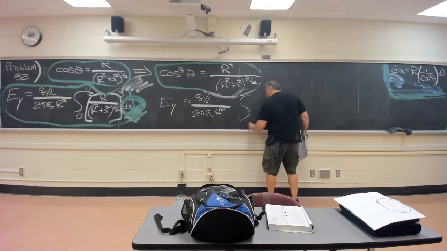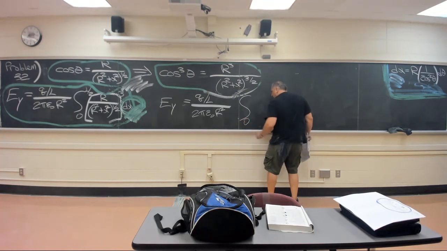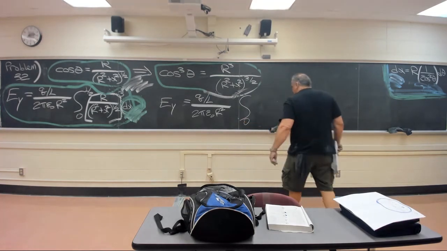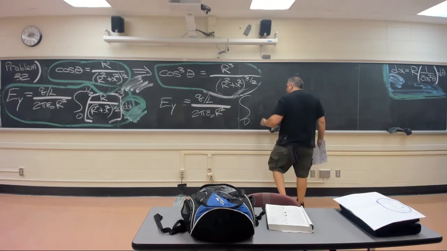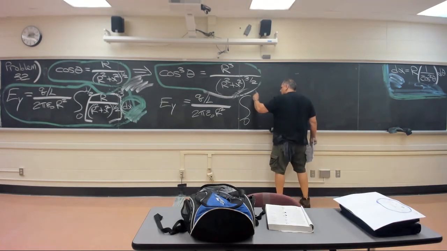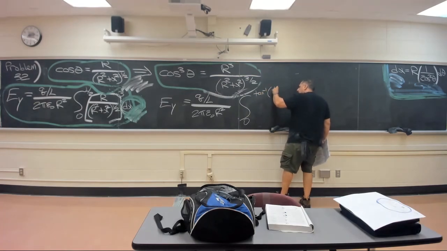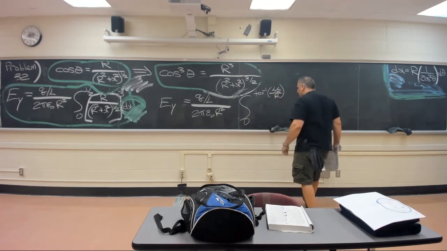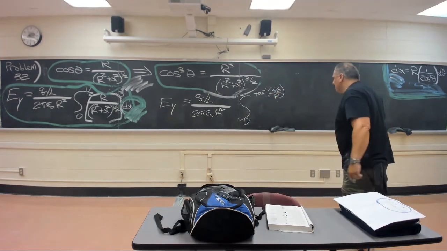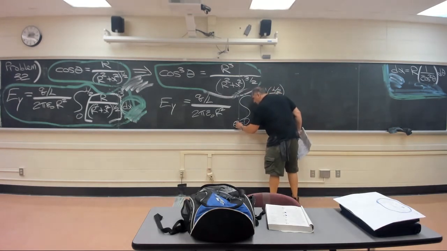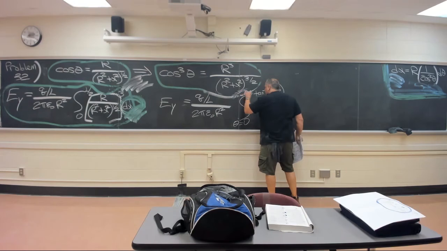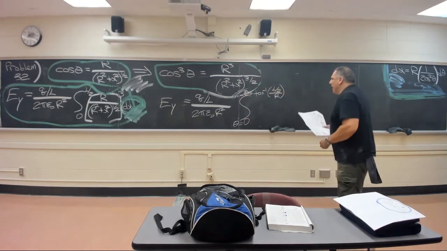I am going to integrate from 0 to the inverse tangent of L over 2 divided by R. That's theta equals 0 in terms of radians, and theta equals that.